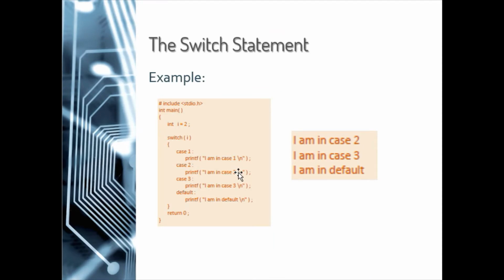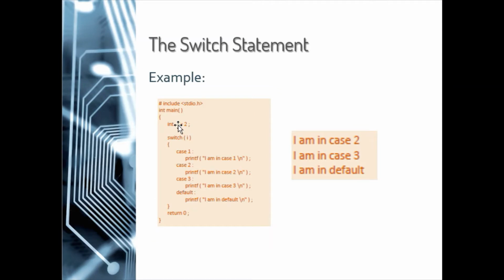What happens is that the switch goes straight down without testing the cases. Once it enters the case that matches, the switch no longer tests the cases below, and just prints everything under it.